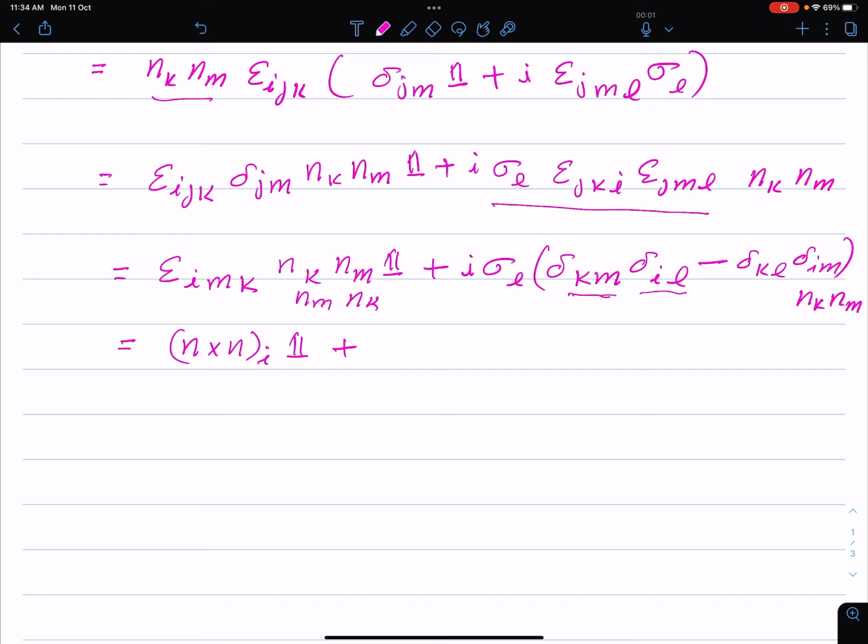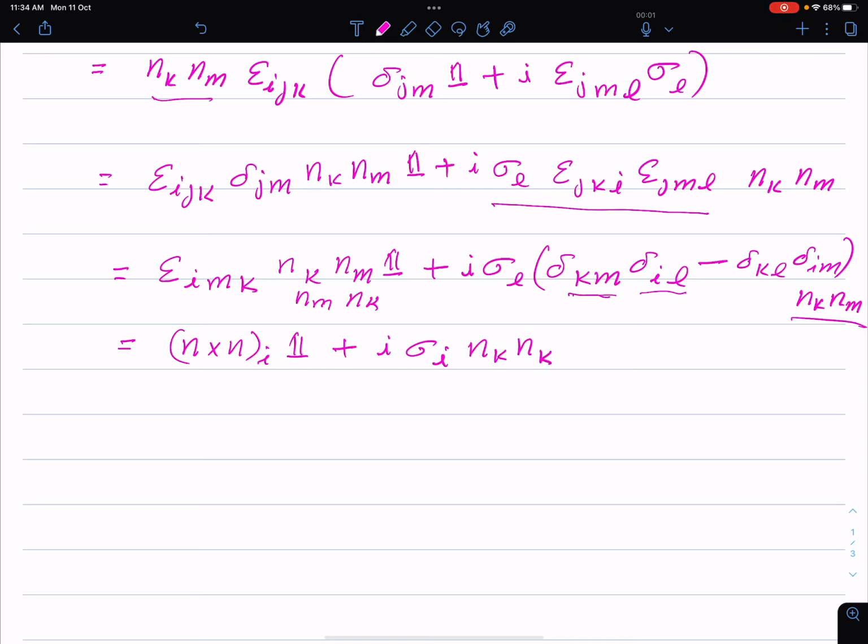So the first term in that equation is i sigma l, I should put sigma i, k is equal to m. So the nk nk. Or I can substitute k is equal to m or m is equal to k, it does not matter, it is a dummy index.